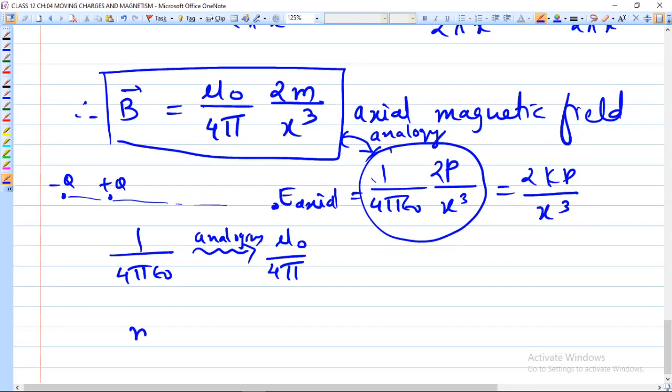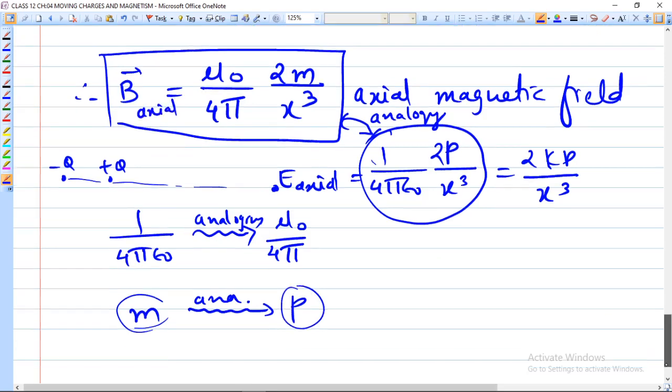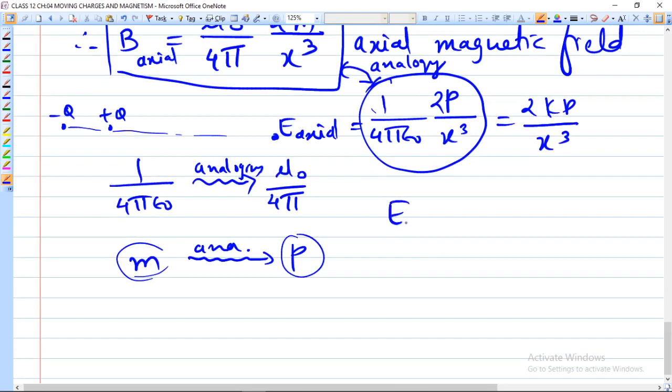M is analogous to P. M is the magnetic moment and P is the dipole moment. Clear? So this is the axial magnetic field. In the same way, we know the equatorial electric field also, I think you know that. It is kp upon y cube, or simply r cube, distance cube. Fine. So what will be B equatorial?